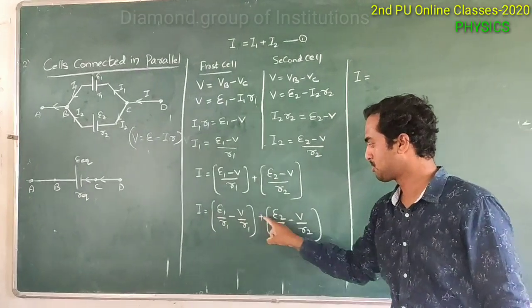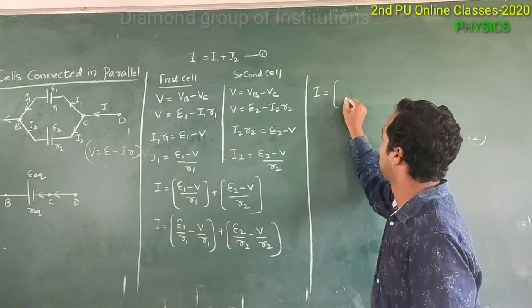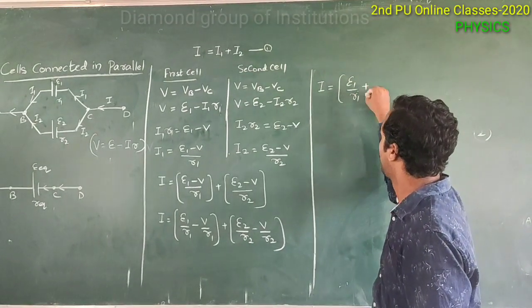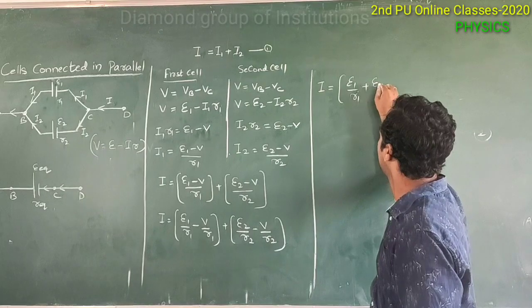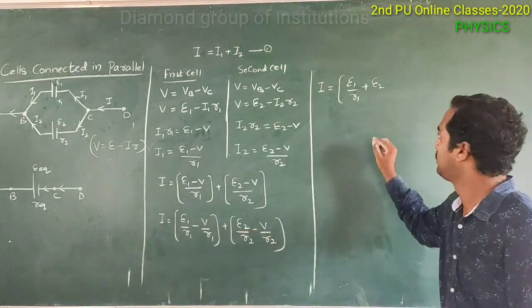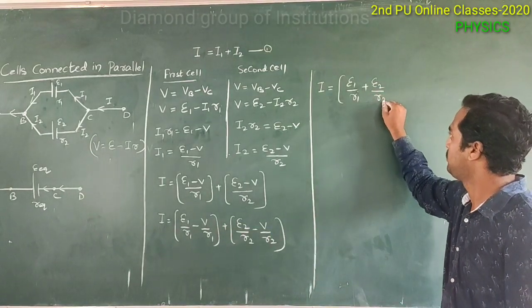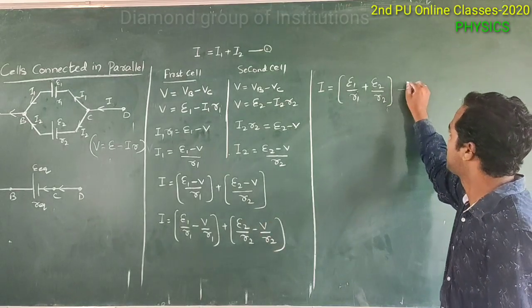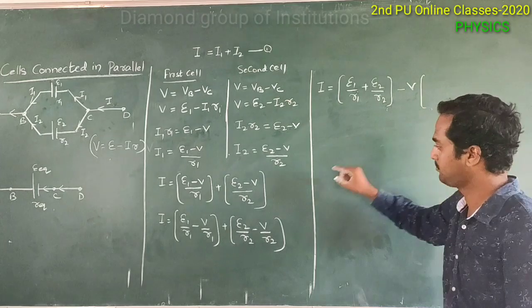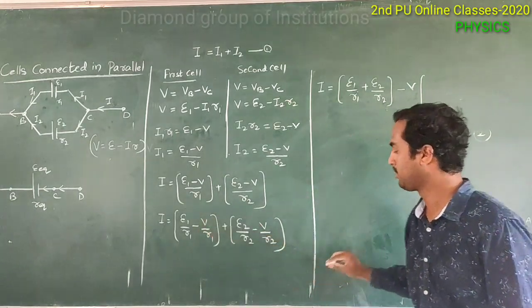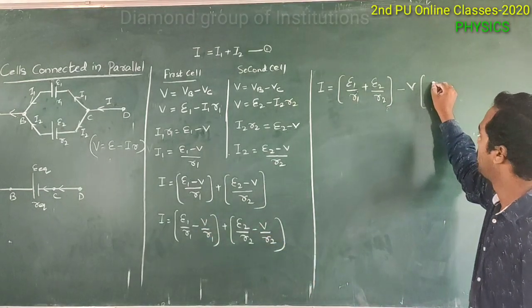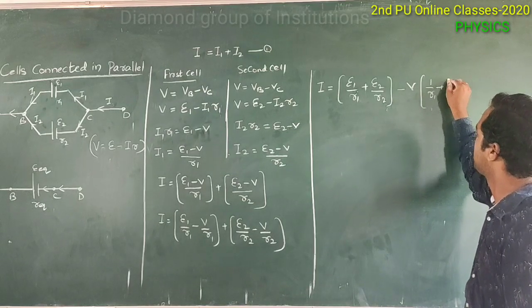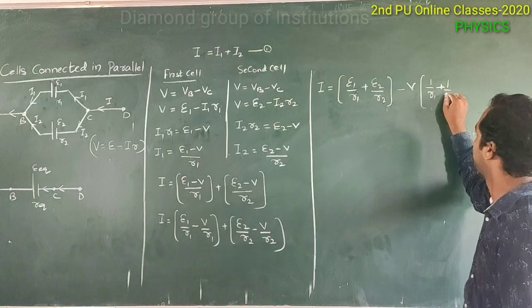If you collect these terms in one step, E1 by R1 plus E2 by R2. Next, minus V common, 1 by R1 plus 1 by R2.